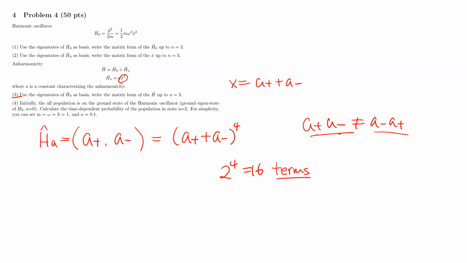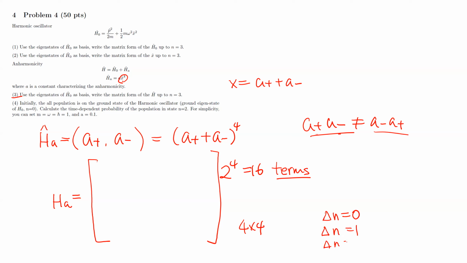So the next step is to evaluate the matrix element of H_A, which is a 4x4 matrix. So let's try delta n equals 0, delta n equals 1, delta n equals 2, and delta n equals 3. What is delta n equal to 0?